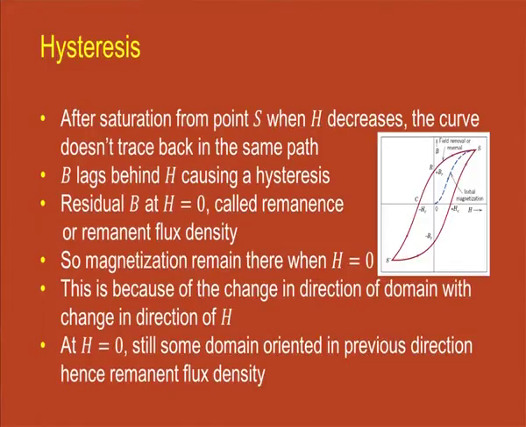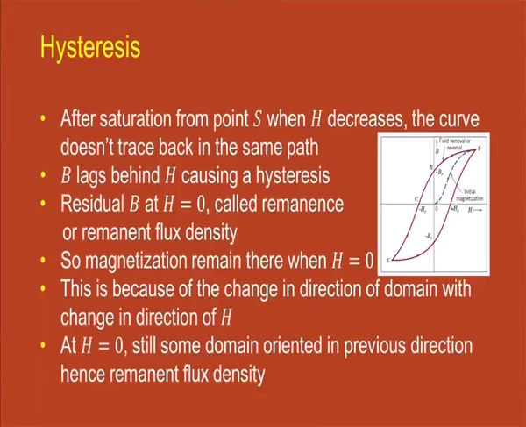Now, if we study the behavior of the internal field strength with respect to the external field strength, we will find that it starts from 0 and then it reaches a saturation point. Let us say that saturation point is S, and if we trace back the curve by decreasing the external magnetic field strength, we will find that it is not tracing the same path in which it went and reached the saturation point.